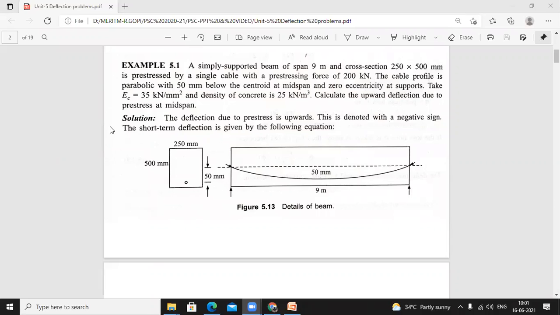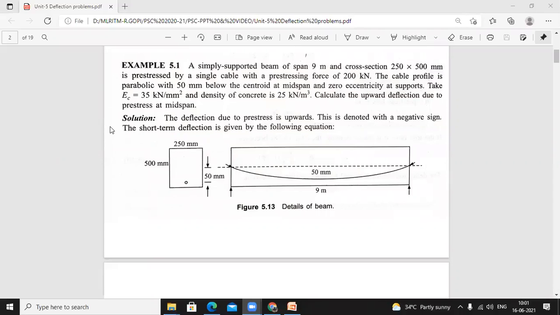The eccentricity is 50 mm at midspan and 0 eccentricity at support. That means the point of application of prestressing force and the centroid of the beam are the same at support, but at midspan there will be an eccentricity of 50 mm.